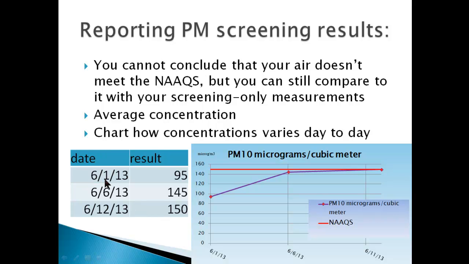You could see that on June 1st for PM10, the result, and this is Minivol data let's just assume, was 95 micrograms per cubic meter. 6 days later, 145, almost at the standard of 150, which was reached 6 days after that, on the 12th, at 150. So the Minivol results were 150 micrograms per cubic meter.